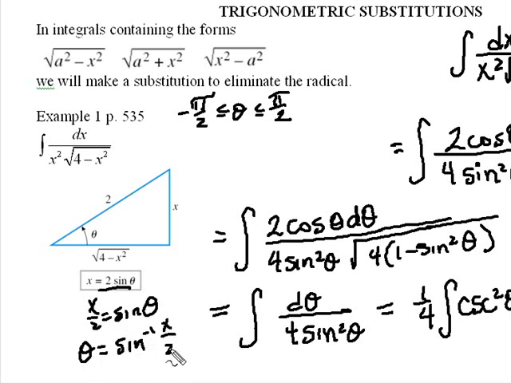Another reason we're doing that is, remember, the range of the inverse sine function covers all of the possible sine values from negative 1 to 1. In this case then, if we take theta to be between negative pi over 2 and pi over 2, our x value will be between 2 times negative 1 and 2 times 1, which is anywhere from negative 2 to 2. Now, why is that important?